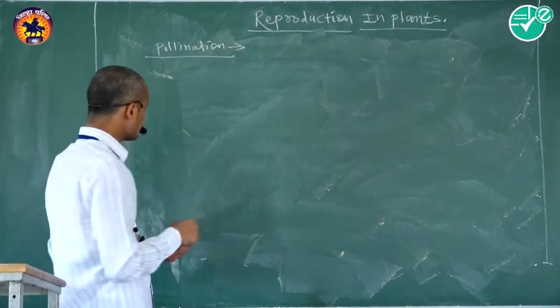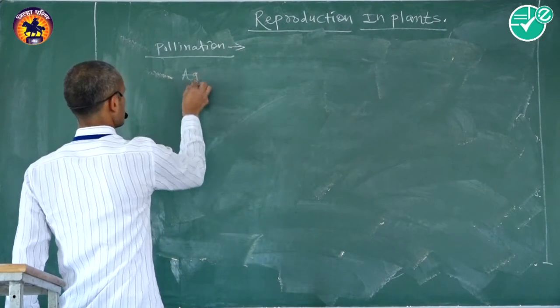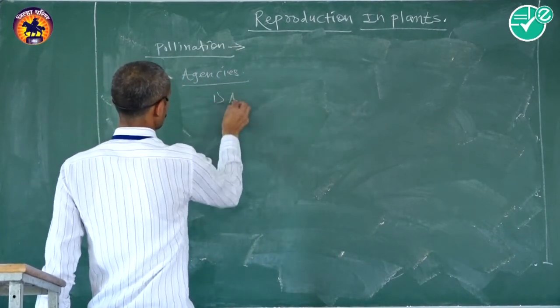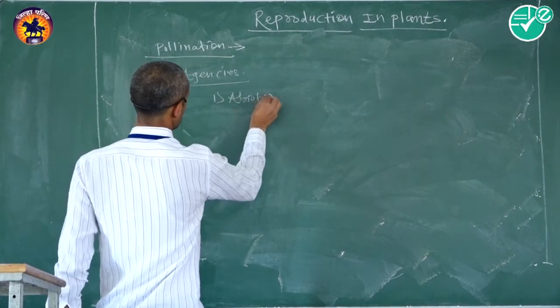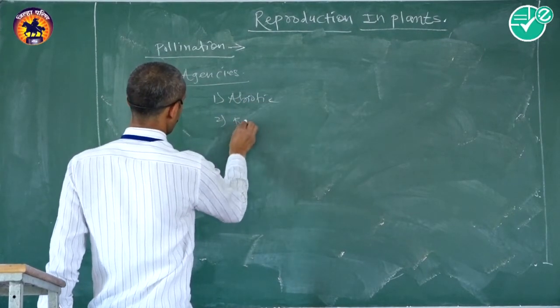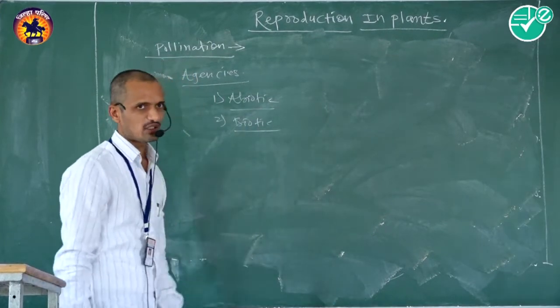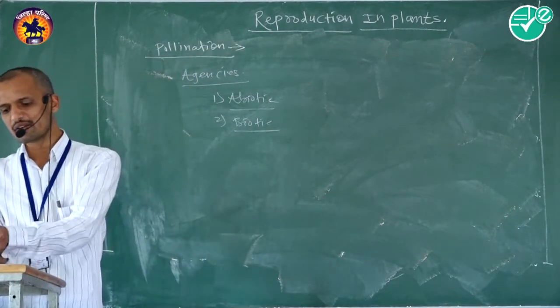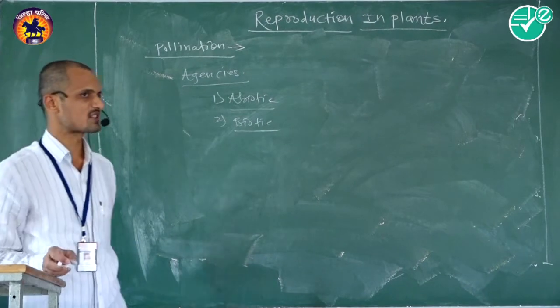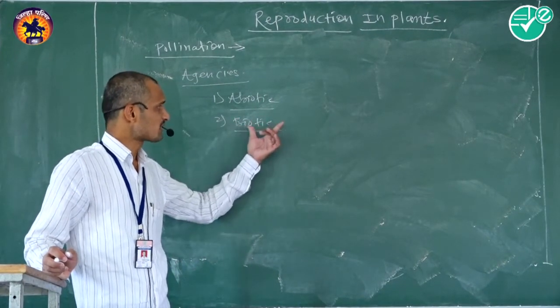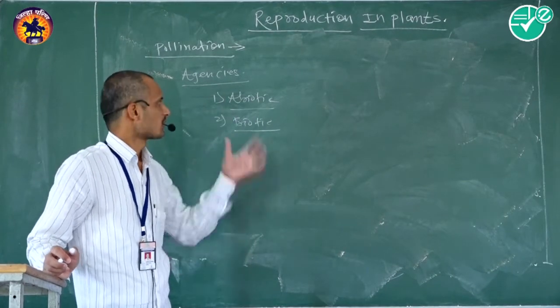There are two main agencies. First one is abiotic and second one is biotic. Abiotic is called non-living things or physical factor. Biotic means living things.